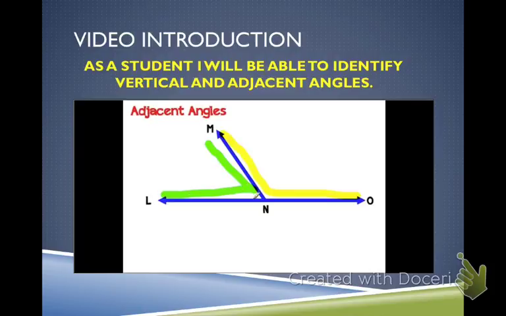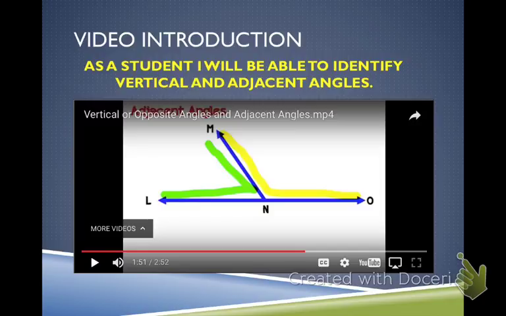It looks like angle LNM is an acute angle, while angle ONM is an obtuse angle. And again, they are right next to each other, and they share one of their rays. So it's almost like thinking about neighbors sharing a fence that's between the two yards. So there's two different angles sharing that fence or that ray.